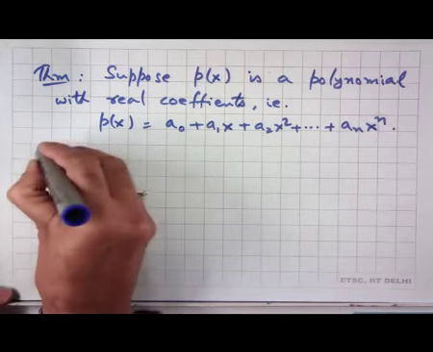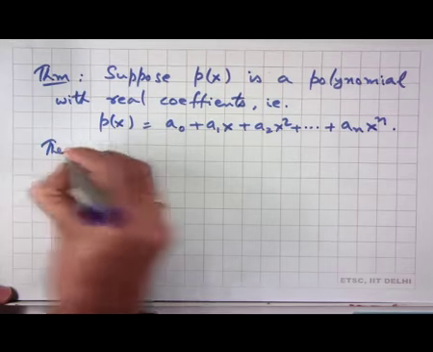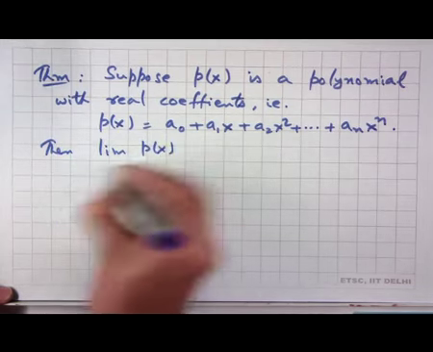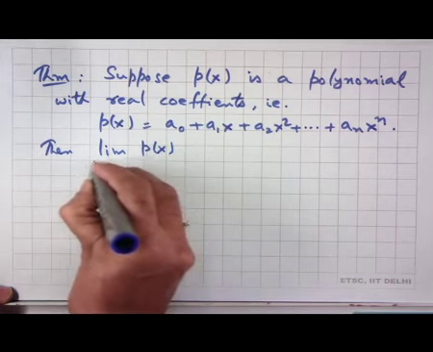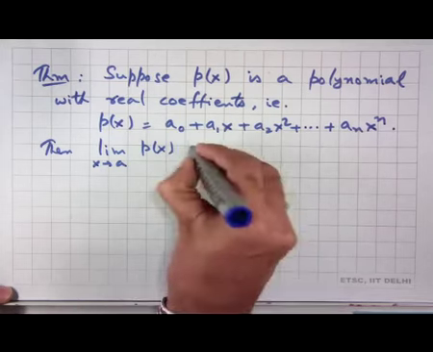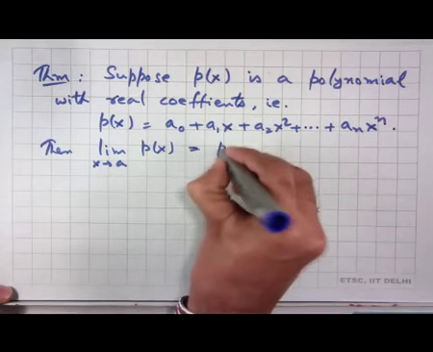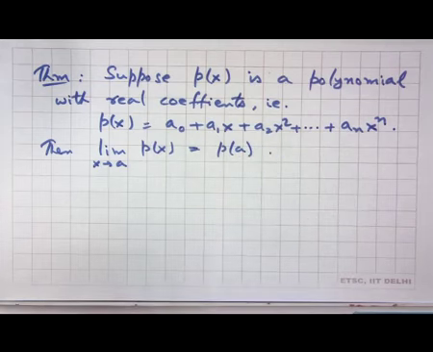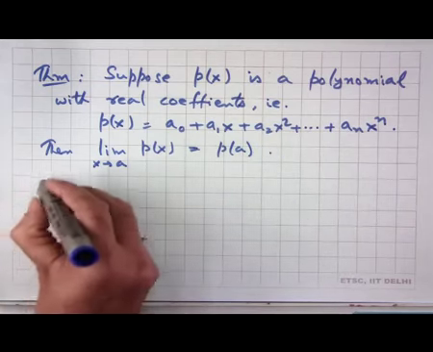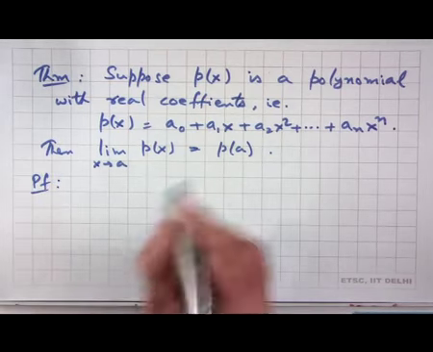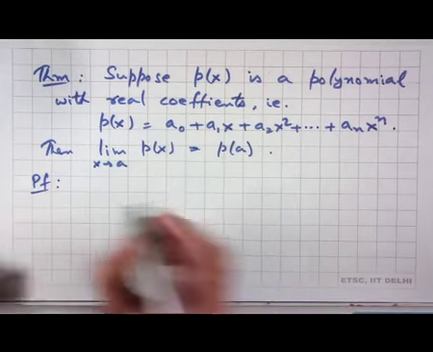Then the limit of p of x as x approaches any a is equal to p of a.